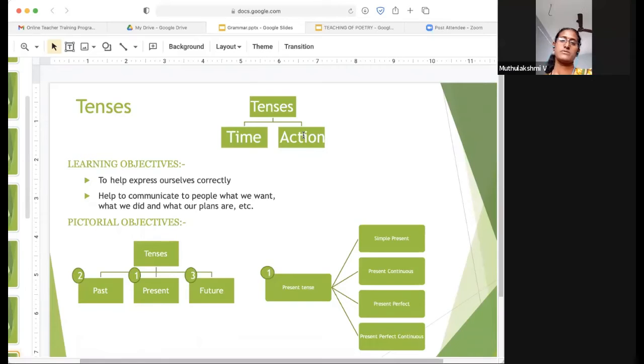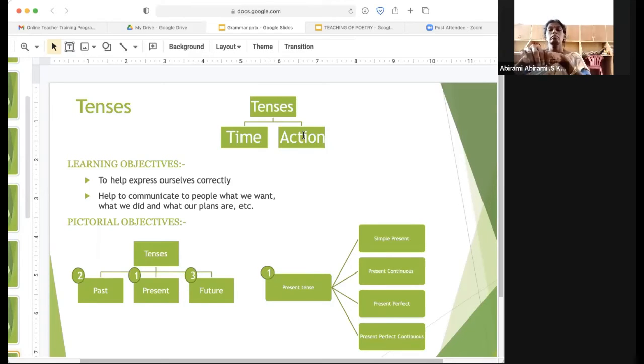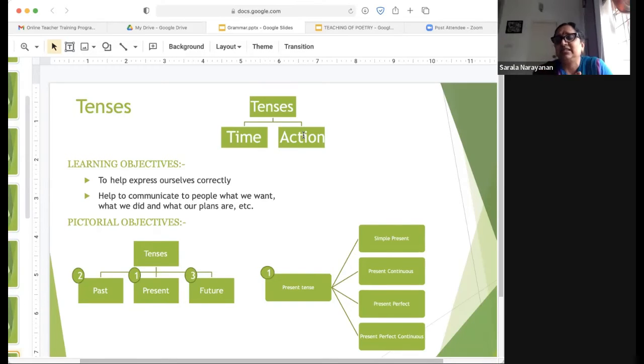And when are they watching? Right now. It is present. They are all watching me means it's happening now. So it is indicating both time and action. To indicate time and action, tense, we need a verb in the sentence. Without a verb, it is not possible.